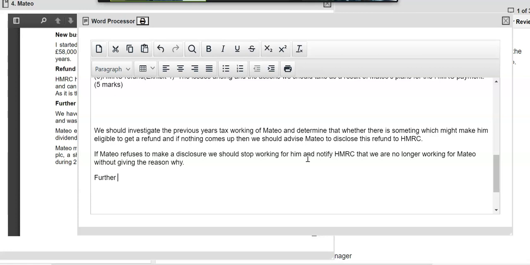Further, we should also consider Matthew's involvement in money laundering, and this should also be investigated.